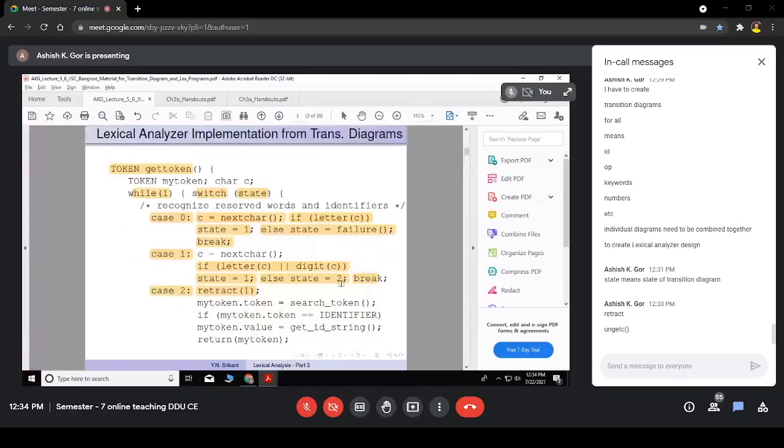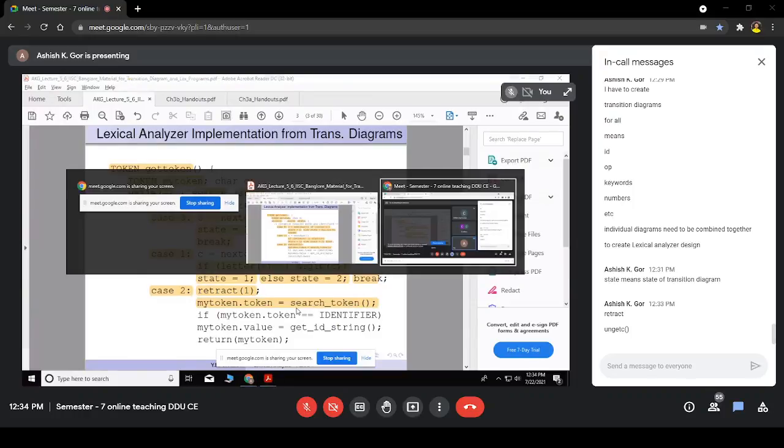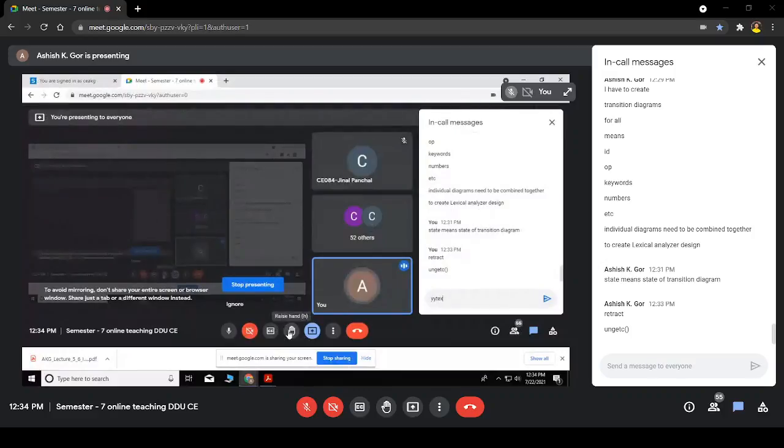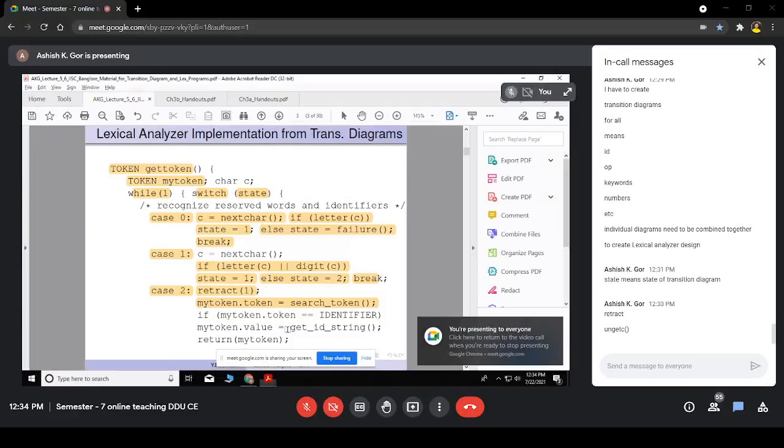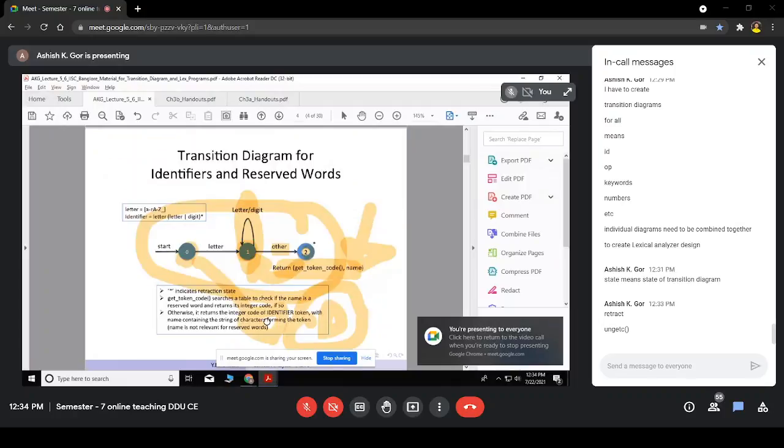So you see here, you retract 1, and my token, it's a variable, token is a class. So myToken.token is equal to searchToken. So searchToken will, like in Lex, you have yytext, matching pattern and all, extract the token string, and then using that token string you will compare.